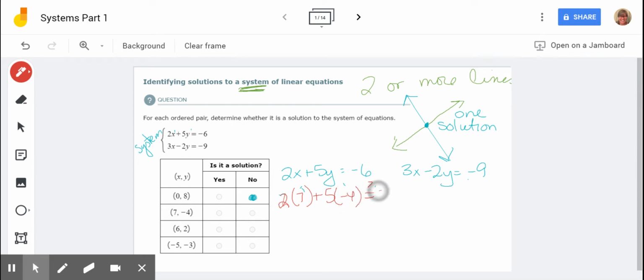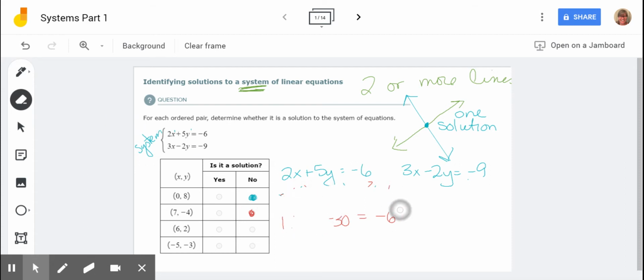Is that equal to -6? Well, let's try it. 14 plus -30, is that equal to -6? 14 plus -30, no, that is -16. So nope, it isn't. So the answer to this one is a big fat no. All right, moving on.